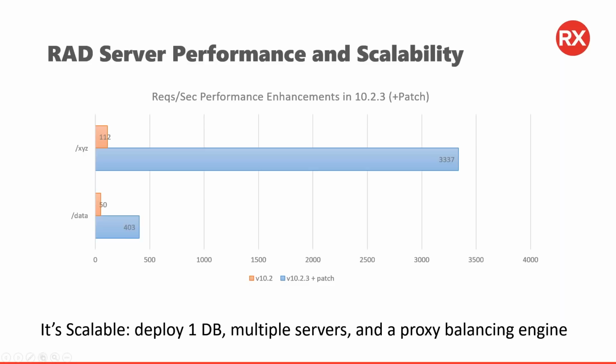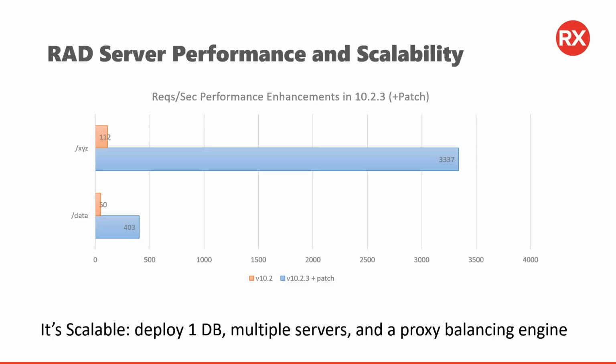Now, the difference is quite straightforward. So this is the same XYZ method I was showing. And if I connect from my Mac to my Windows PC running this server, without the patch, I could get roughly 100 requests a second.